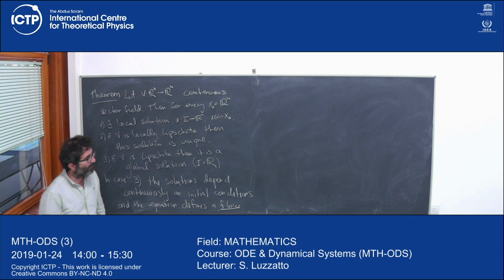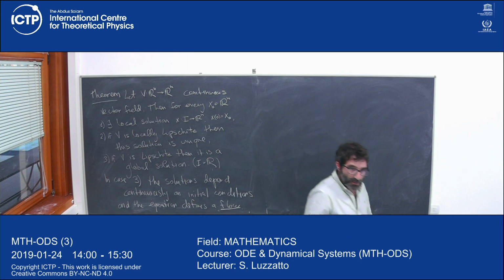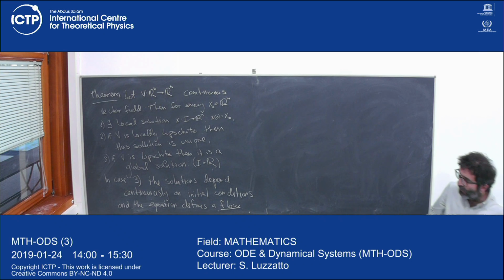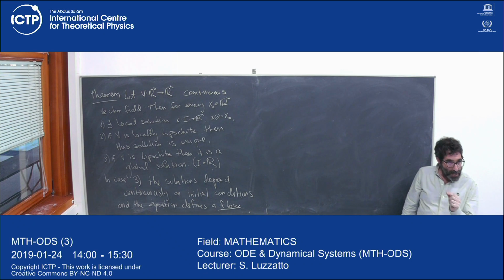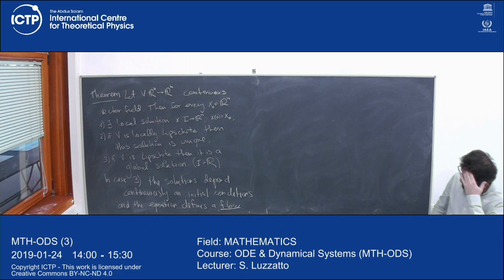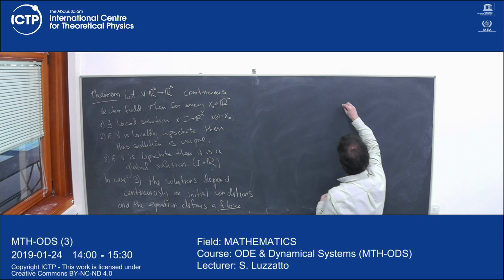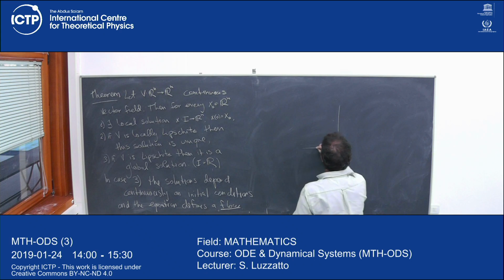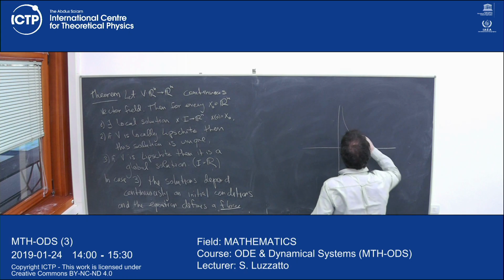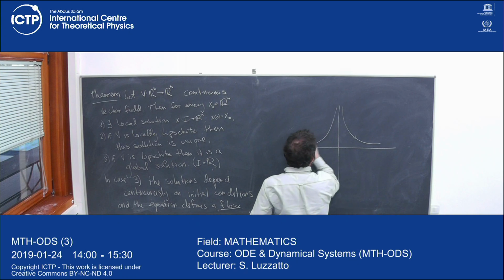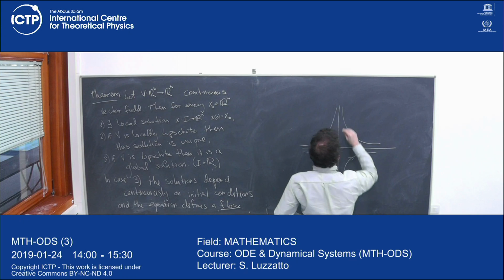So what exactly do we mean? Continuous dependence on initial conditions means if you choose an initial condition nearby, then the solution is nearby. Is that what it means? But under what kind of metric for the functions? The supremum? Let's be a little bit more precise. Let's look at the example we had before, this linear differential equation.